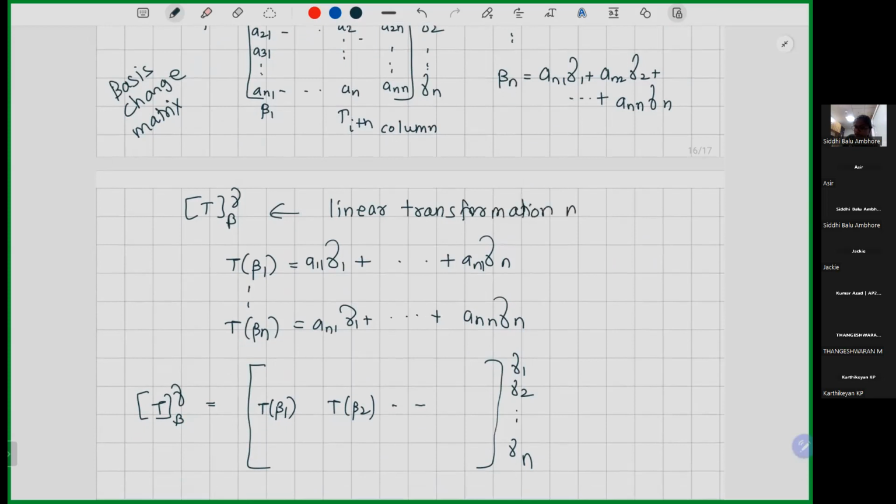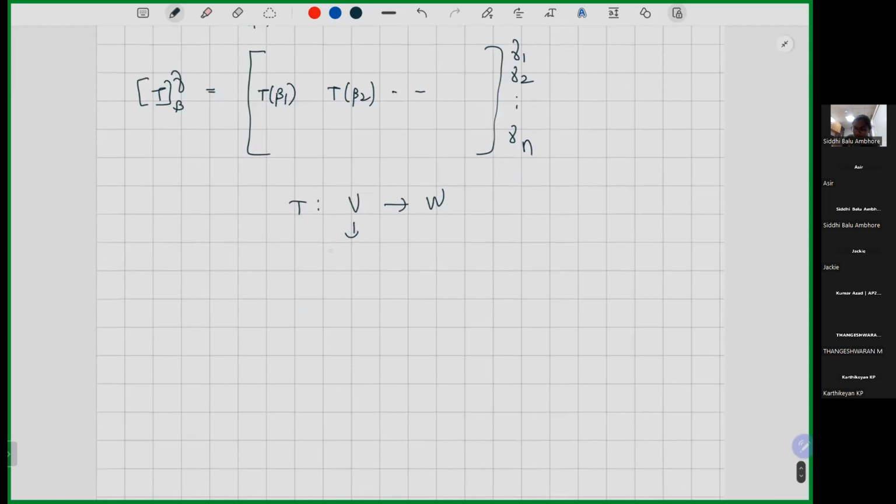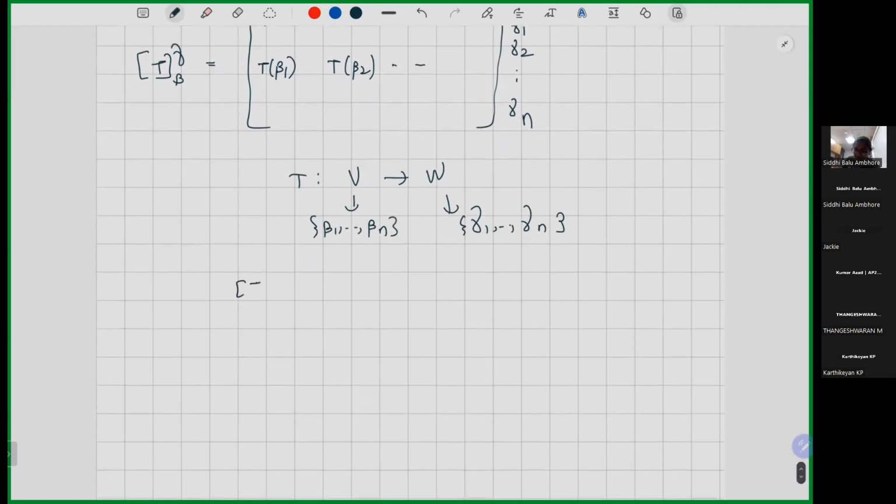And what this matrix actually defines is this: suppose T is from some V to W, and V has basis beta 1 to beta n and W has basis gamma 1 to gamma m. When I multiply this T beta gamma with an element of R^n, say A1, A2, up to AN, I will get something right here.